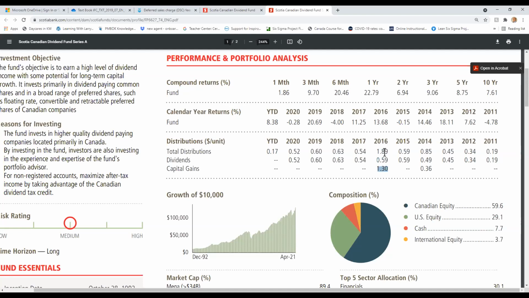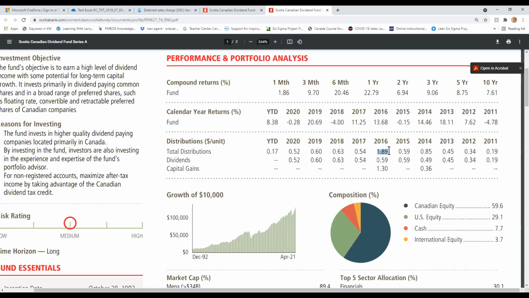If you add these two up together, it equals 1.89, right? Clear? Now, the question is, what are you going to do with this? If you sell your mutual fund, you pay taxes on this. So you're going to have to pay taxes on $1.89 per unit, even though you did not sell the mutual fund, you got the $189.